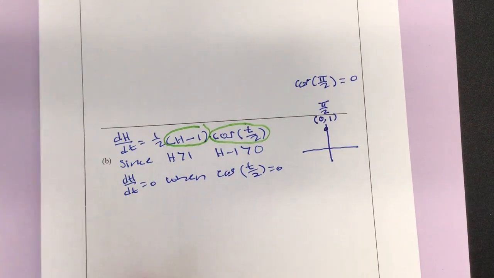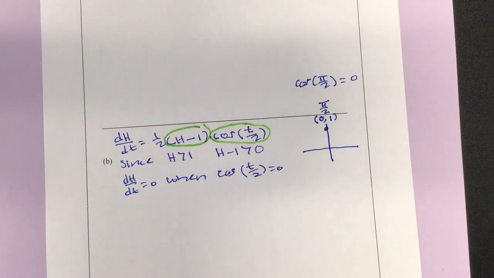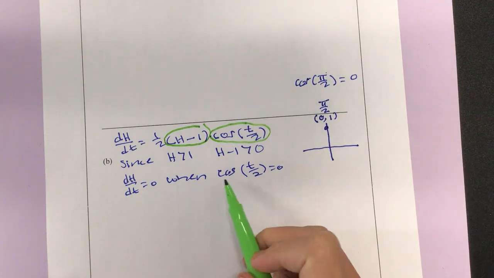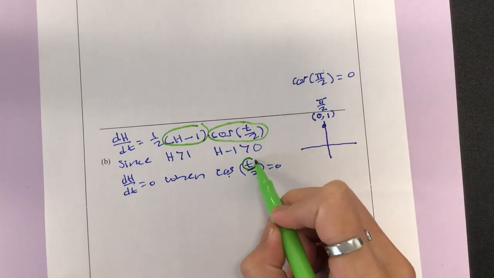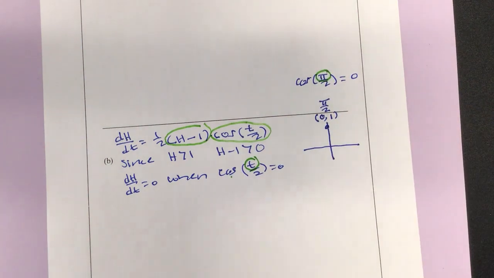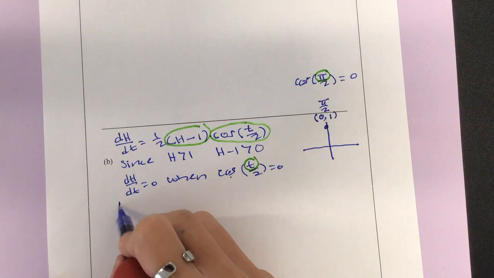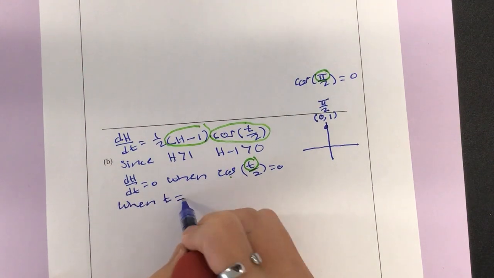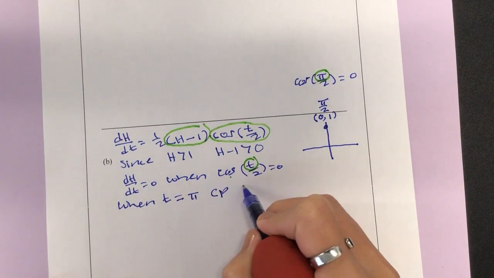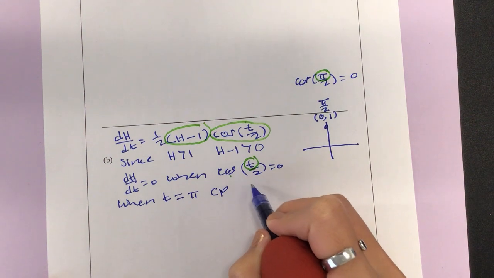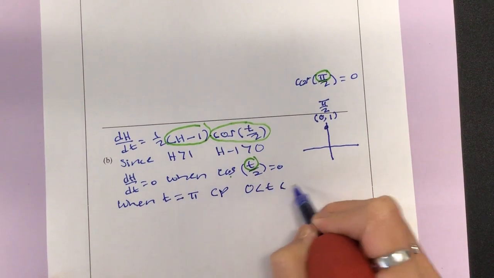So my critical number is going to be, since I already have divided by 2, t is replaced with what number? Pi. So when t is equal to pi, there is a critical point within the interval given from part B, 0 less than t less than 5.